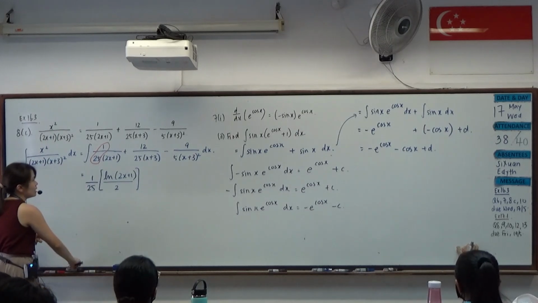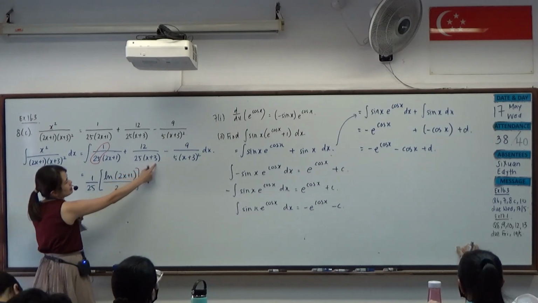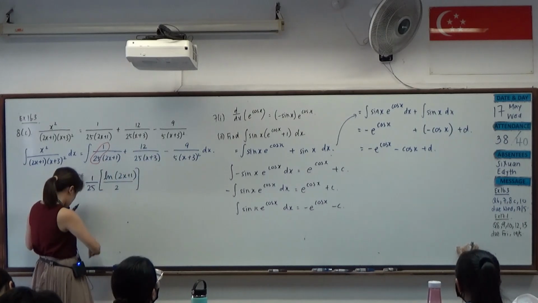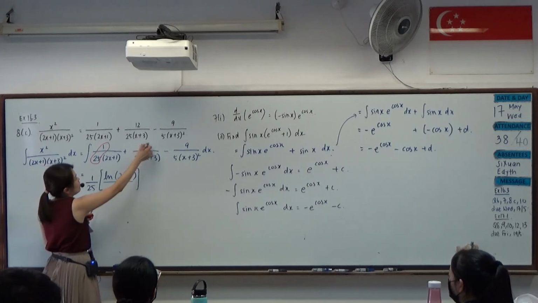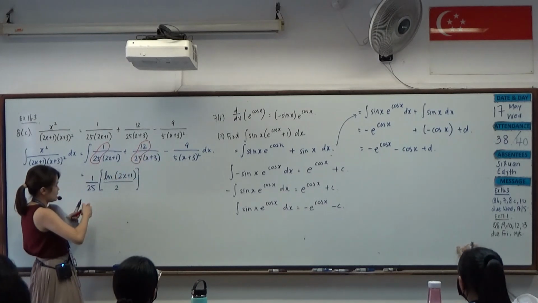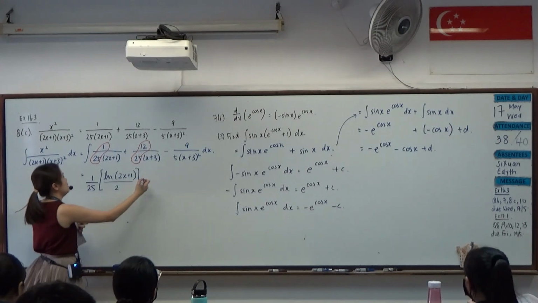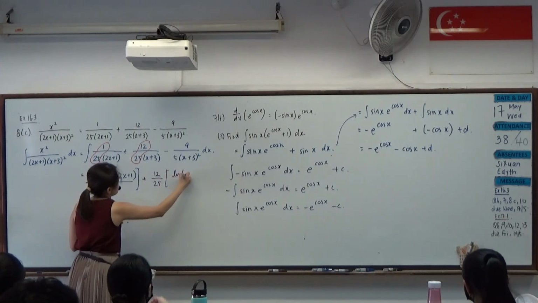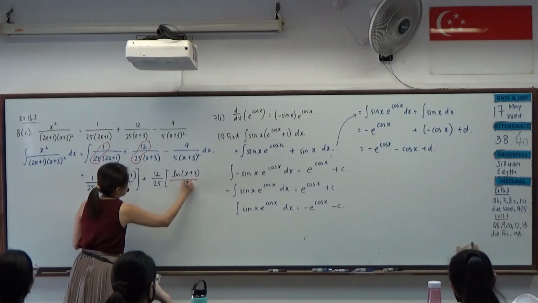Then in the second one, likewise, in the denominator it is x plus 3 and it is to the power of 1. So we have 12 over 25 as a constant, which we can do the same thing of bringing out the 12 over 25 and then ln x plus 3 divided by 1.